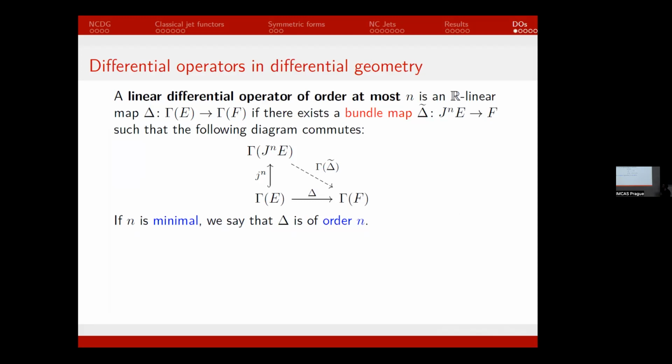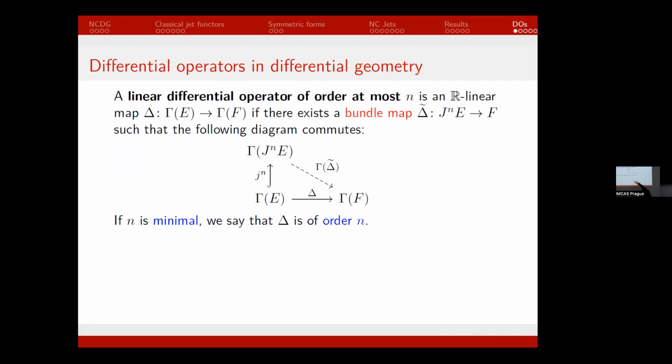Okay. So classically, let's come back to classical differential geometry. What is a differential operator and why are they related to jets? Well, it turns out that we can define them intrinsically without mentioning partial derivatives or anything else like that, by this universal property.